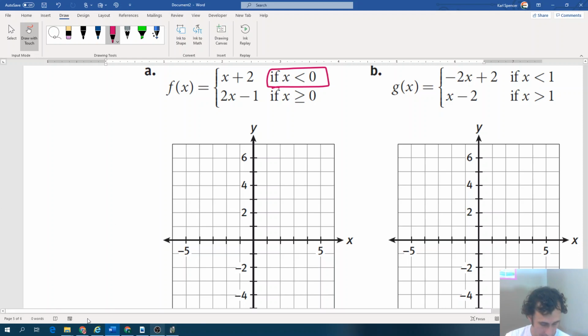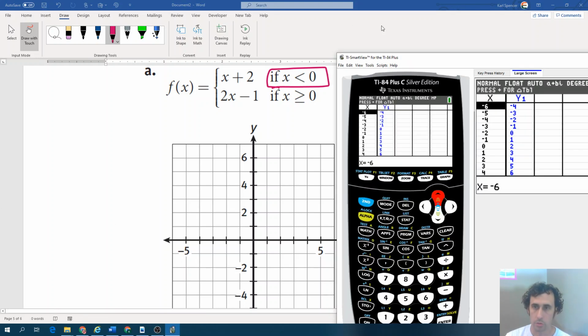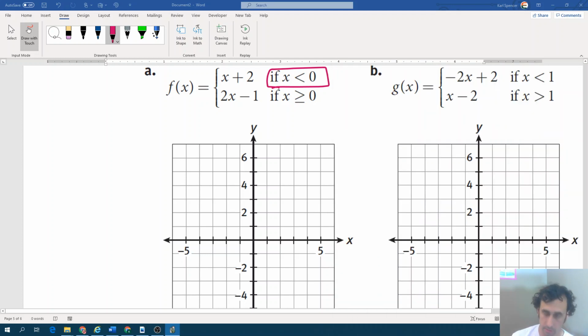So I would say right now, if you want, go ahead and pause the video so you can copy down those points. I'm going to do that myself. I'm going to get them graphed, and I'll see you in just a second. So let's see, negative 6, 4, negative 5... well, mistakes were made on my part because I can't read numbers right.